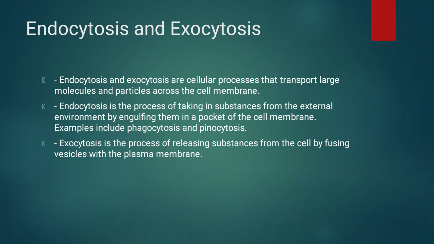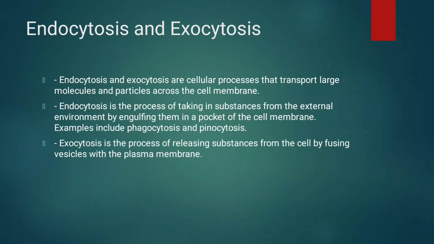Then endocytosis and exocytosis. These are cellular processes that transport large molecules and particles across the cell membrane. Endocytosis is the process of taking in substances from the external environment by engulfing them in a pocket of the cell membrane.